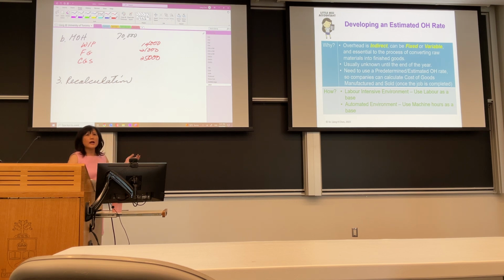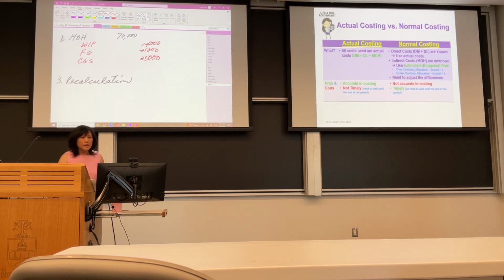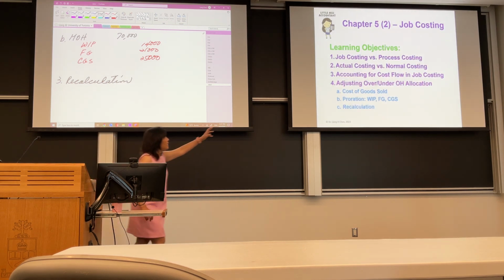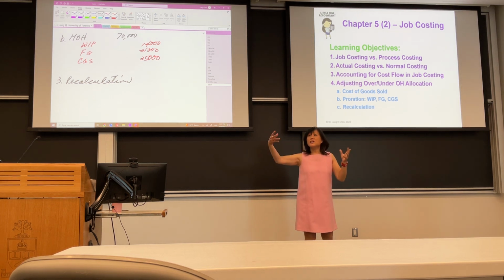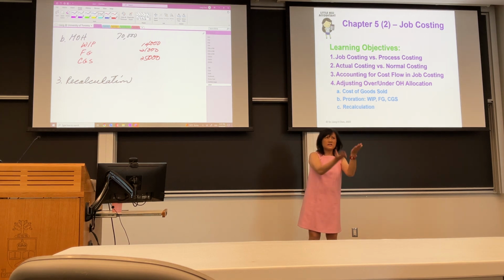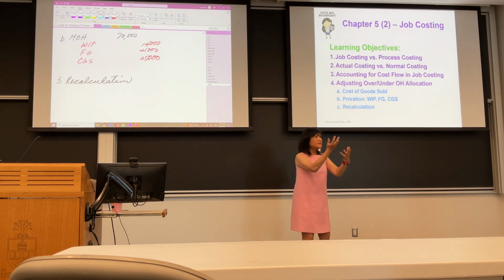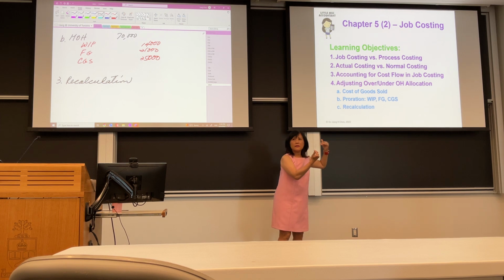So at this point, I want to summarize everything I've done to this point. Okay, so in the very beginning, I said adjusting the over or under applied overhead. It's because in the beginning, we use the estimated dollar. We don't know how much it's going to be. So the end will not be the same. So if not the same, I need to make it right.